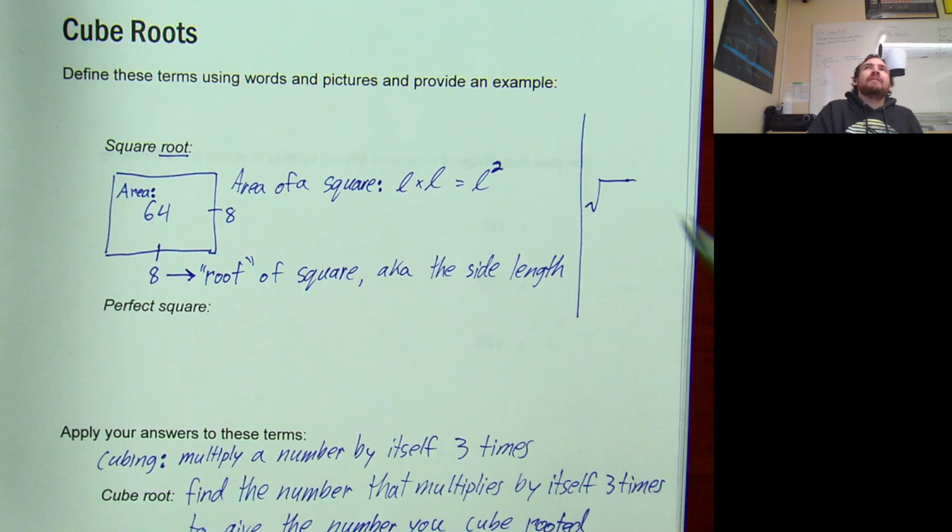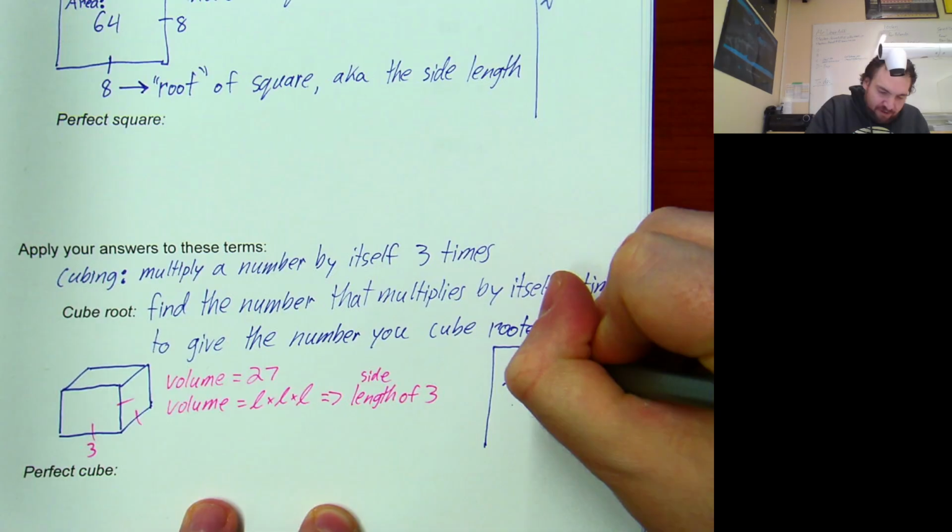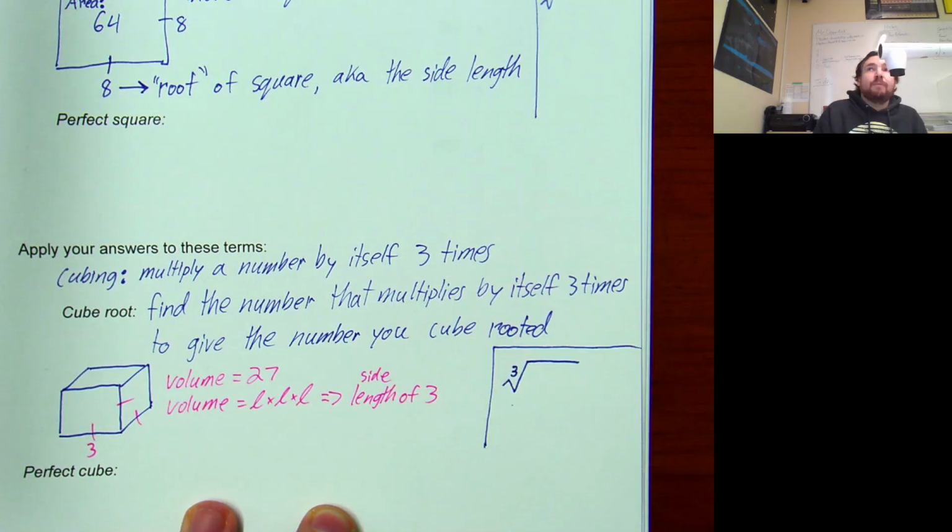So what we're going to do is we're going to use the same symbol, but we're going to insert a lovely little decoration into that little spot. We're cube rooting, and so we're going to represent that by having a 3 in that little spot.